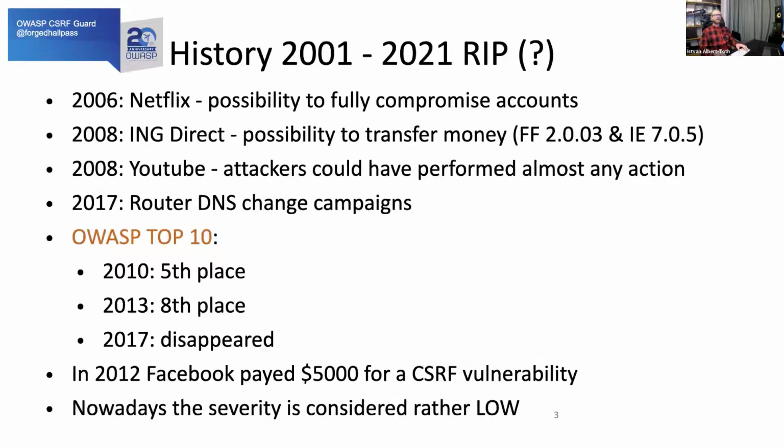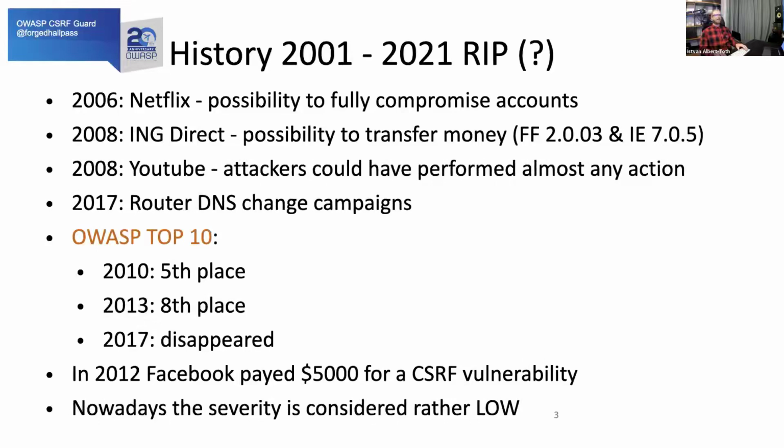And one of the most famous attacks, and the one that was modeled in a lot of CSRF examples, was the ING Direct attack, where an attacker could transfer and steal money from their victims. That was using Firefox 2.0 and Internet Explorer 7.